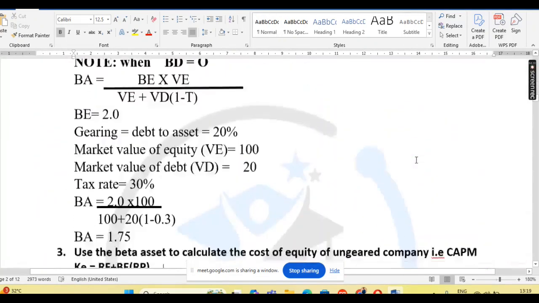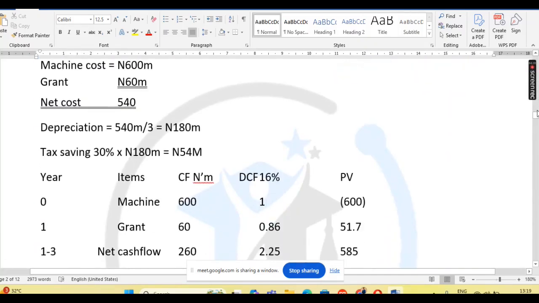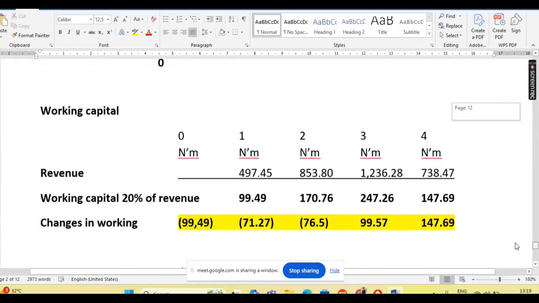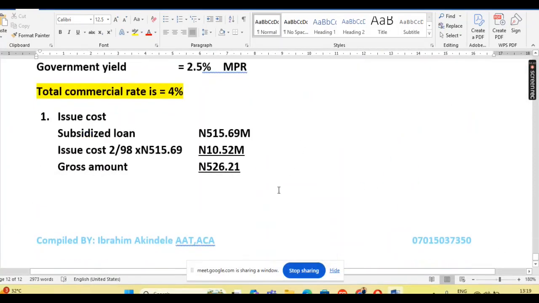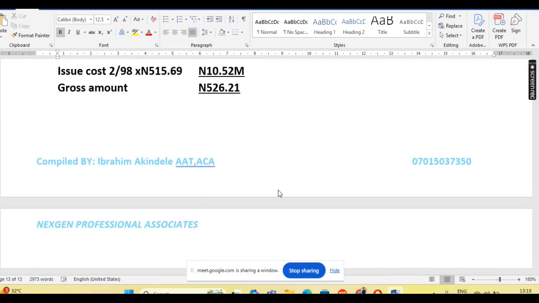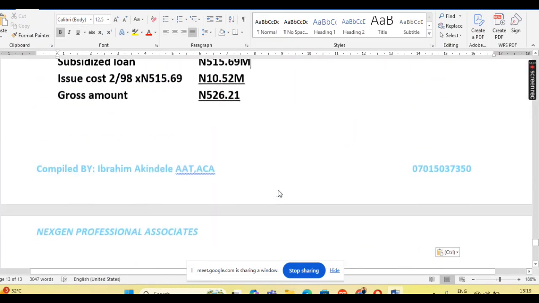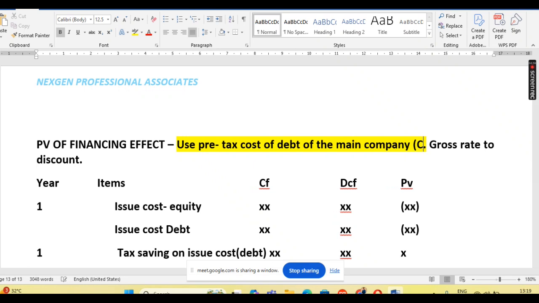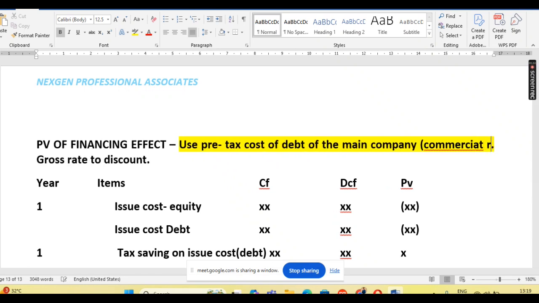Don't forget you use commercial rates to discount. You use commercial rates to discount. So this is the step. Don't forget there is no equity. We only have debt, right?